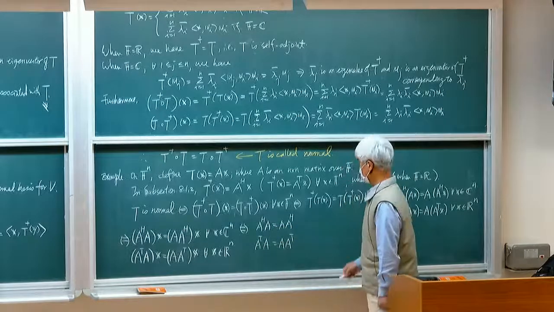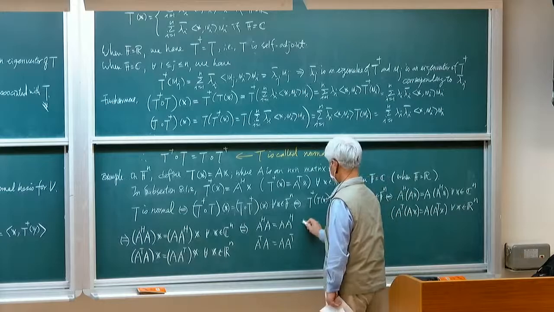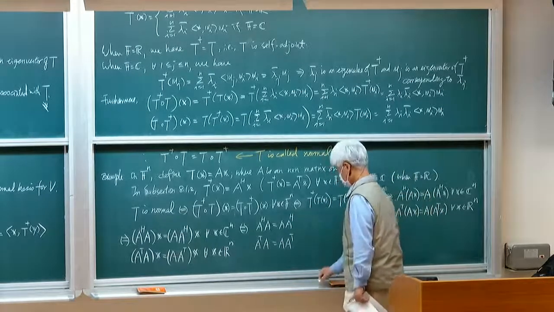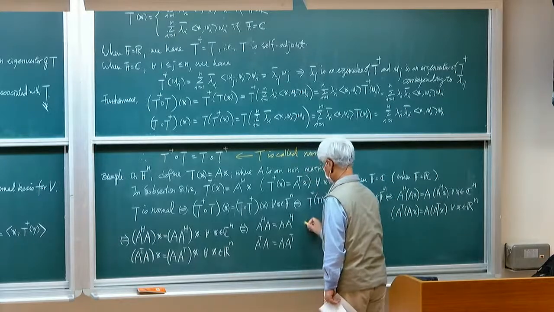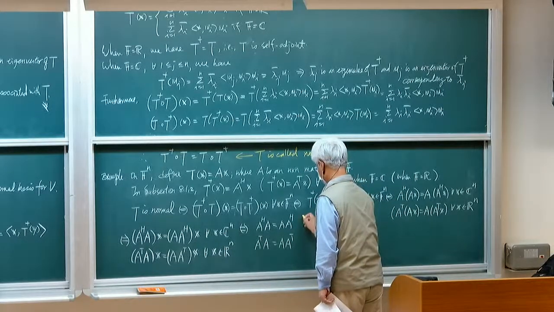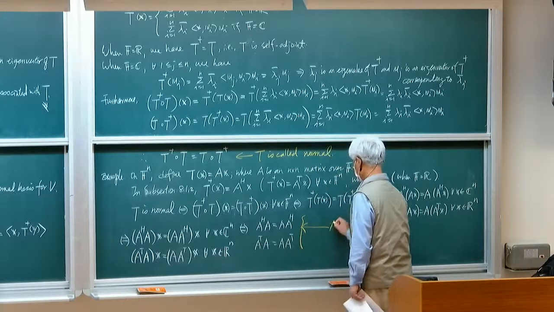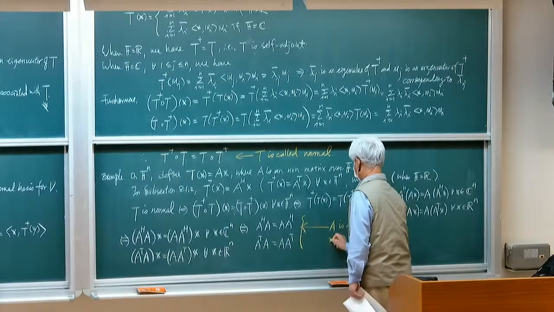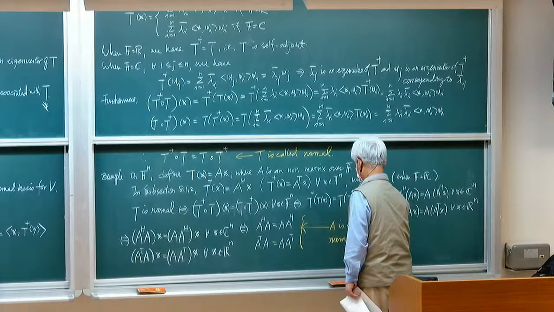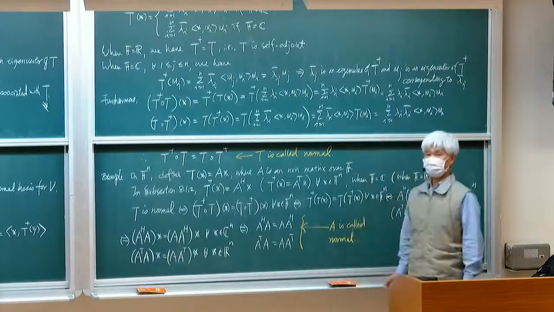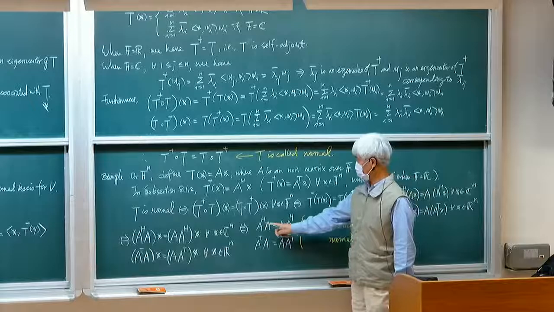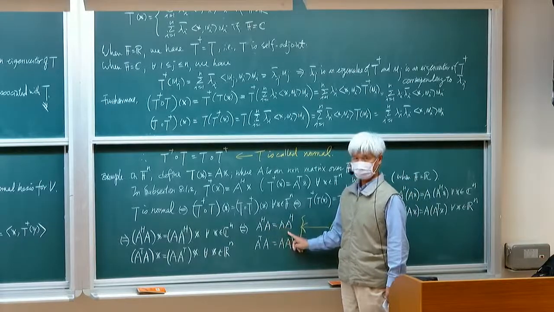So we define that a matrix A is called normal. If A is a complex matrix, A is called normal if A^H A equals A A^H.